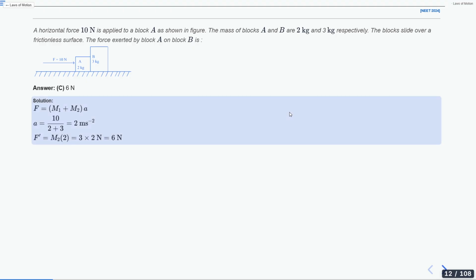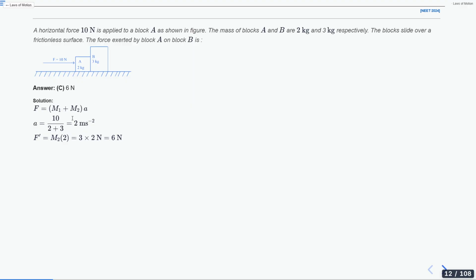Now look at the solution. First, as I told you, we will start by finding the acceleration, and the force of 10 Newton can be put as m1 plus m2 times acceleration. m1 is 2 kg, m2 is 3 kg, so m1 plus m2 is 5 kg.